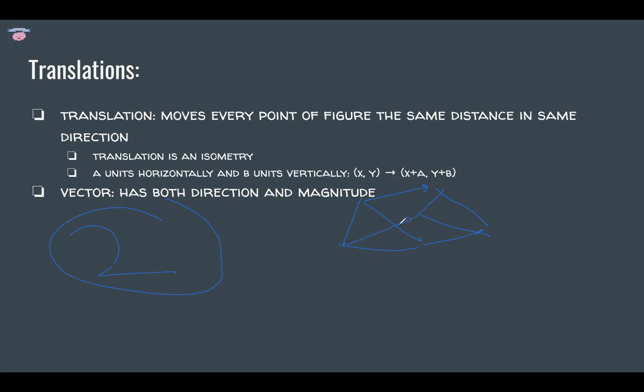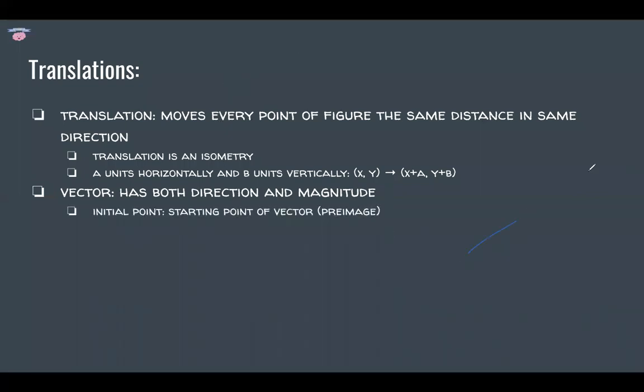So it has the direction. Let's just take this one, for example. It's a direction this way, and its magnitude is its length. So it's like 2. A bit about vectors: the initial point is the starting point of the vector, and this is the pre-image. And this is called the terminal point.